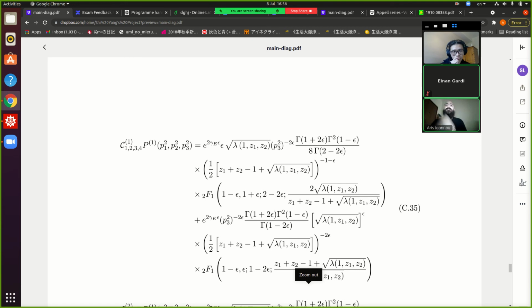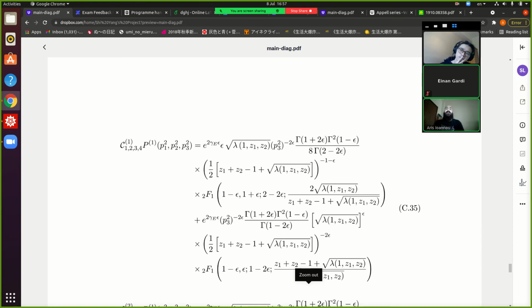You need to fix your variables essentially. Everything needs to be numbers. So you will need to choose numbers for p1 squared, p2 squared, p3 squared. You have to choose a number for epsilon as well. Epsilon needs to be very small and negative. And after you do this, you put NIntegrate, and you still have integration variables, and it does the integration numerically.